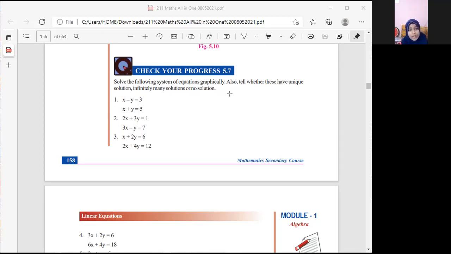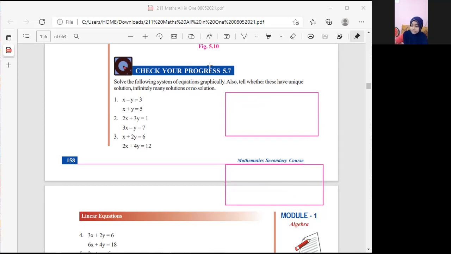Yes, we have to draw a table. Draw a table for both the lines separately. It will be something like this. One will be for x minus y is equal to 3.